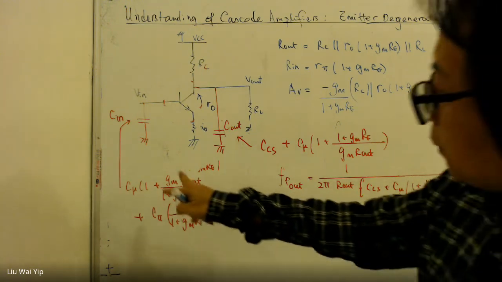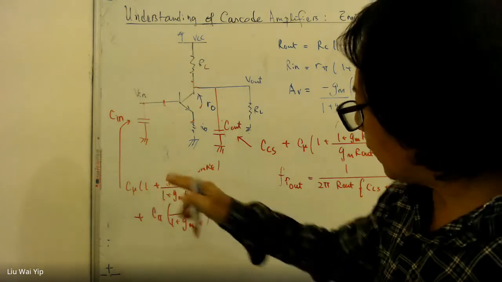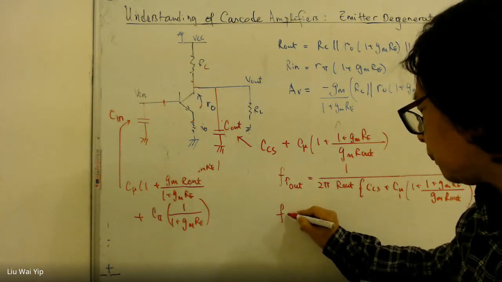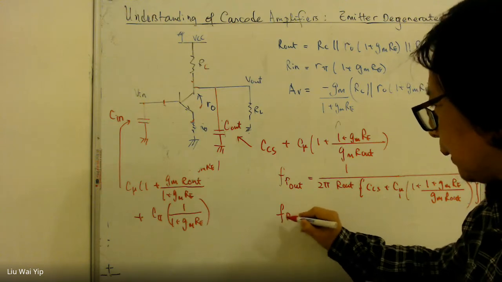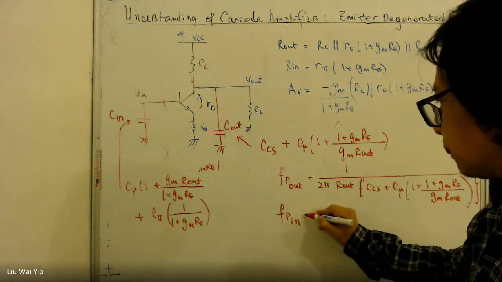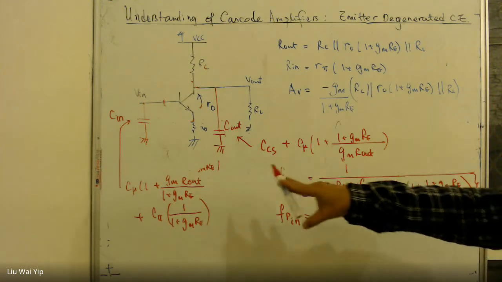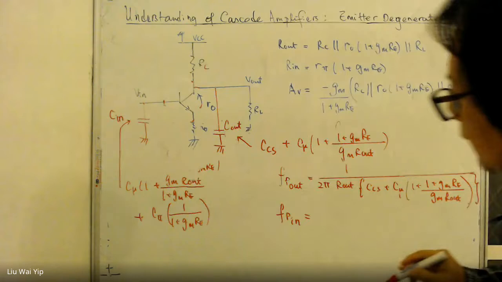Now, how about the input? Similarly, we can work out another pole at the input. This one is the pole due to the capacitance C in.